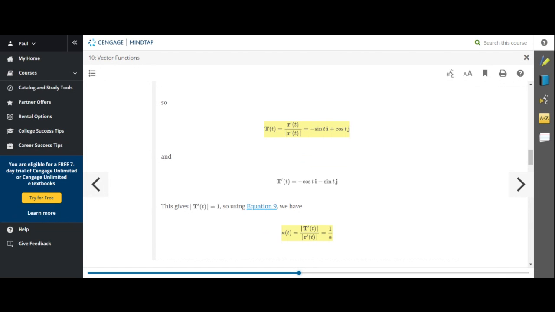Does it make sense that if you move around in a circle, the curvature is going to be constant? Does that make sense? Okay, good. Now what happens to the curvature as a gets larger, for example 3 that we're looking at?